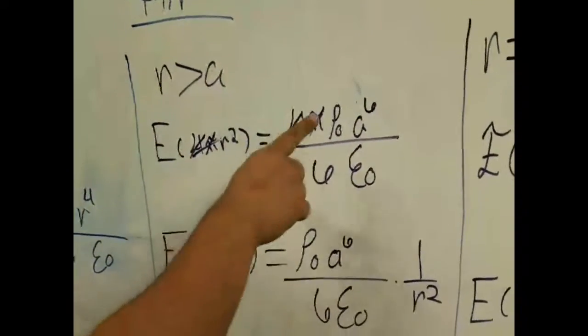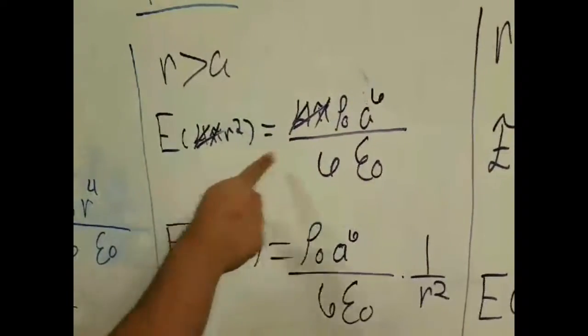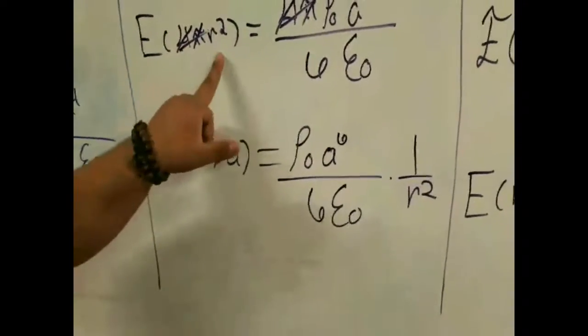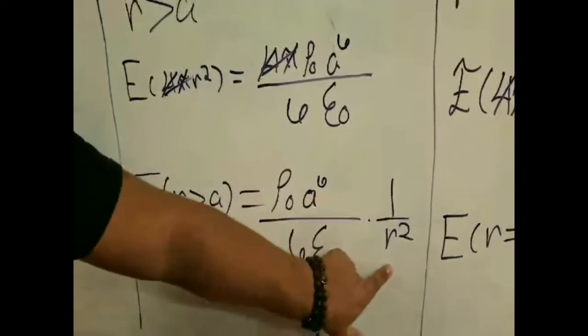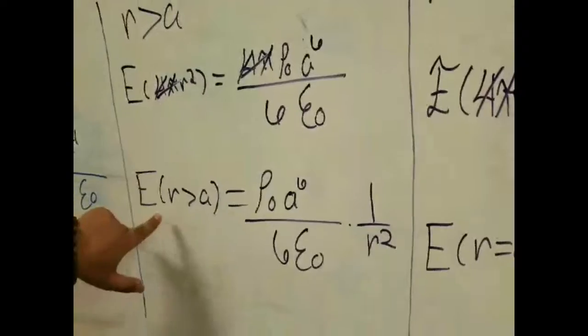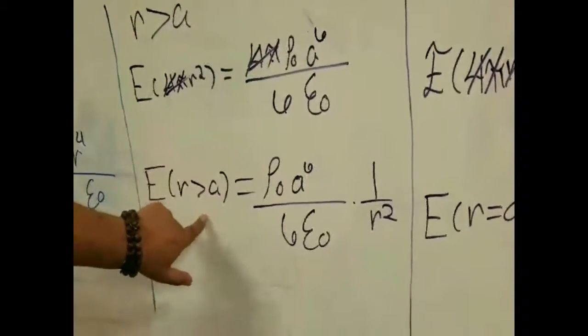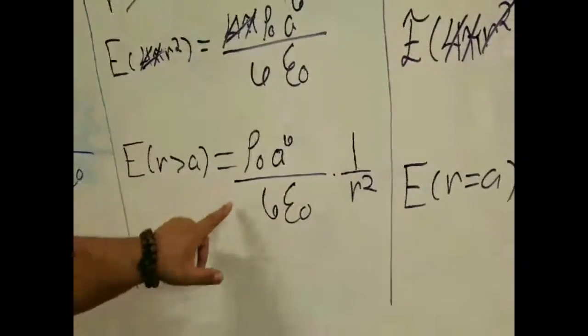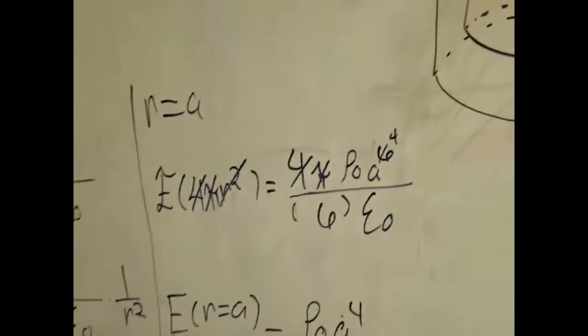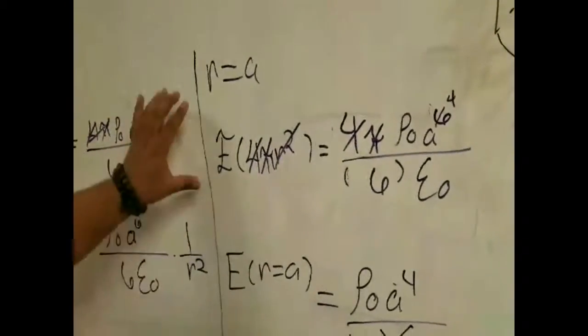Again, we just canceled out the 4 pi. The reason why we didn't cancel out r squared is because we needed it down here for the further equation, which is E for r greater than a equals rho naught a to the 6 over 6 epsilon naught times 1 over r squared.